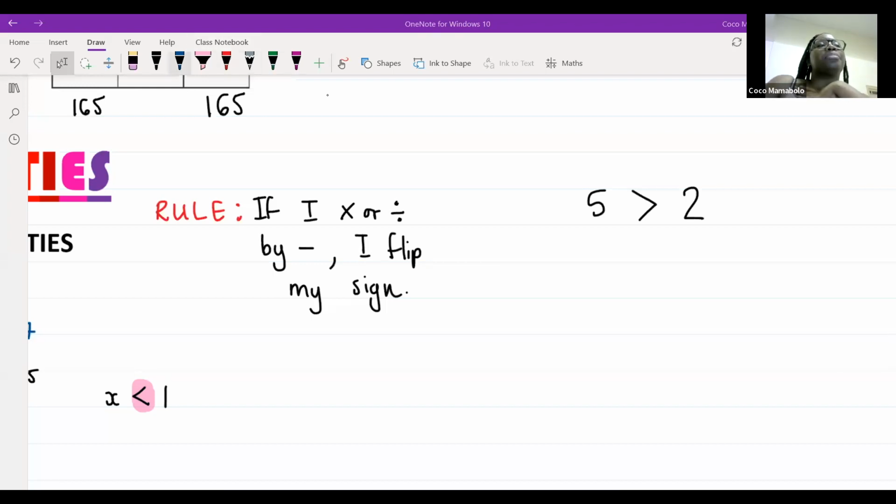Now, I'm just going to be nasty, and I'm going to multiply each side by negative 1. Guys, tell me in the chat, what is negative 1 times 5? That's it, Mirula. It's negative 5. And then what's 2 times negative 1? 2 times negative 1 is negative 2.